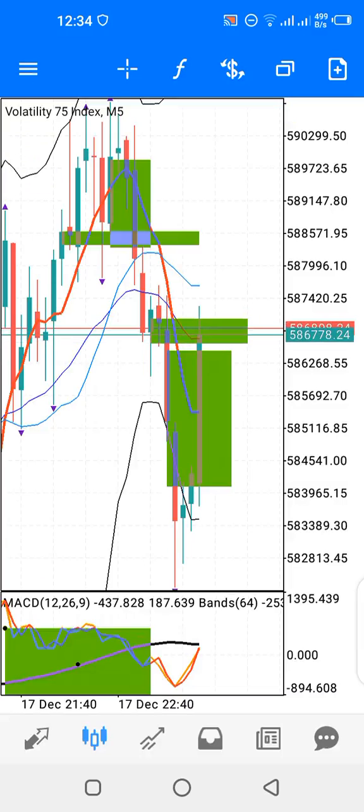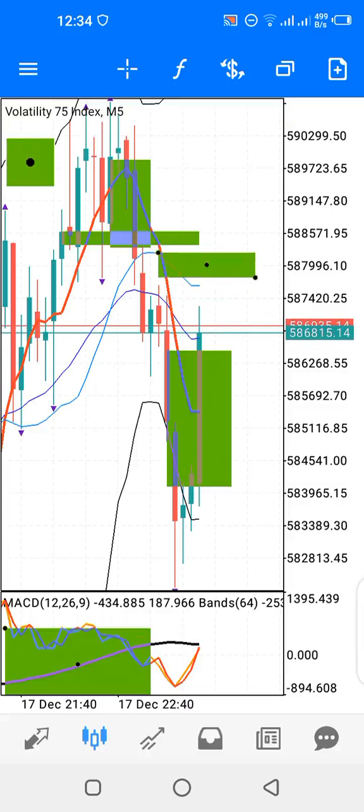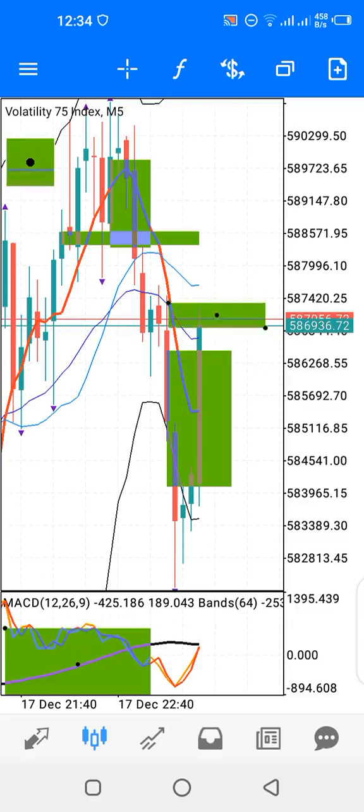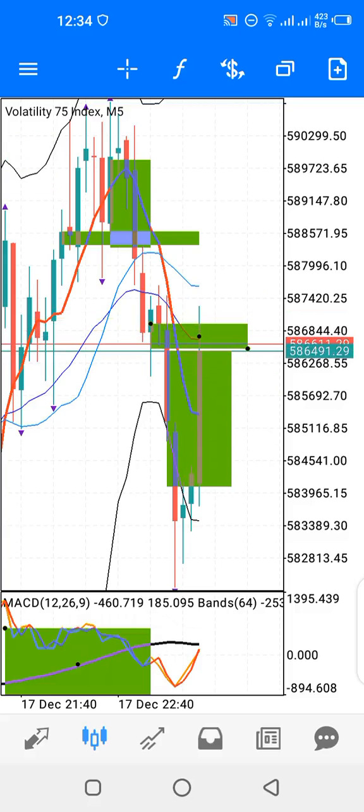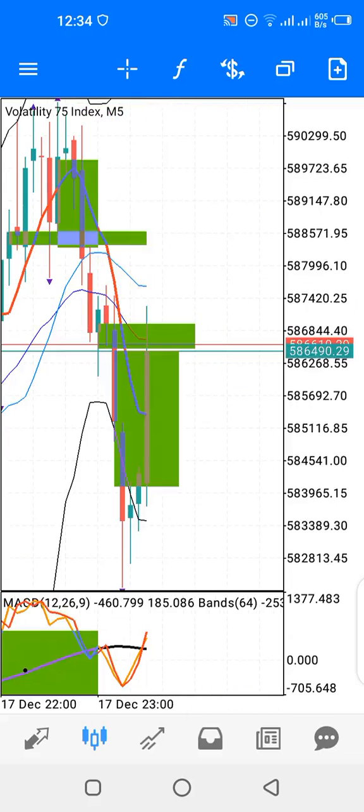If it closes with a long wick, then we may expect reversal and we may stay out and not execute any order. So that's basically how the strategy works on the main chart.